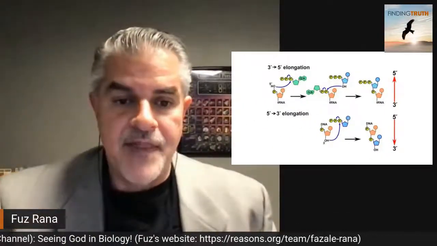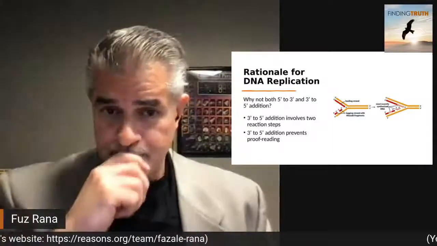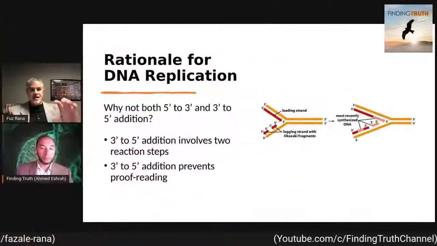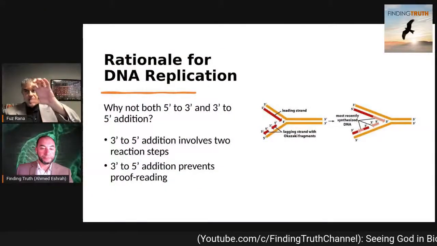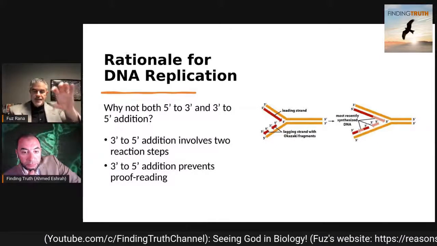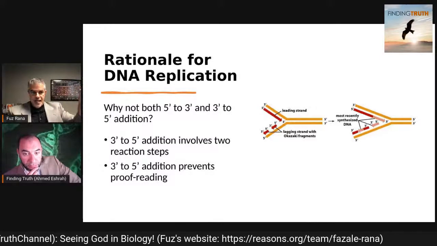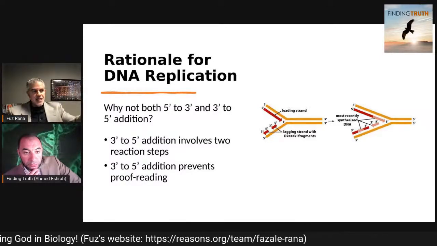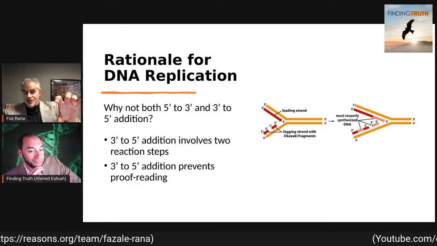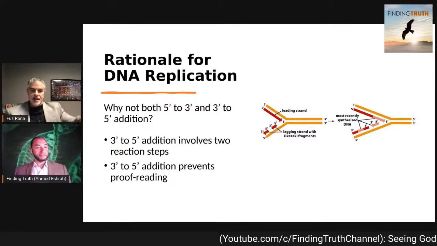And then on top of that, you can't get what's called proofreading functions in the DNA polymerase. One of the things that the DNA polymerase does is, as it reads the template strand and starts laying down the nucleotides in the growing daughter strand, every so often it stops and backs up and cuts out some of the DNA nucleotides that it laid down, and then it goes back and repeats that process again.